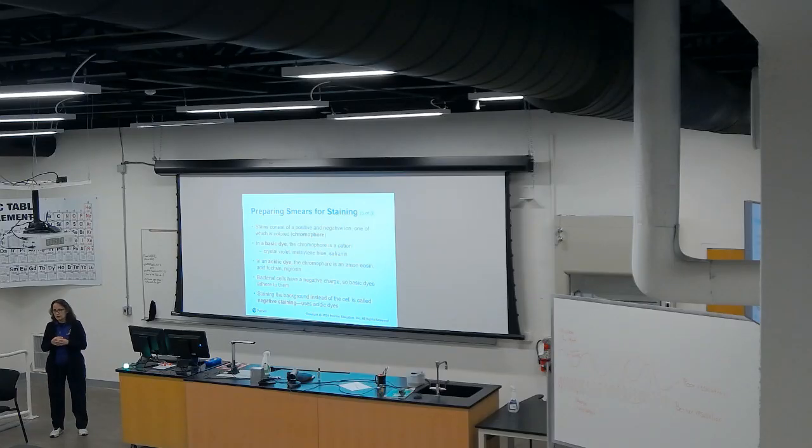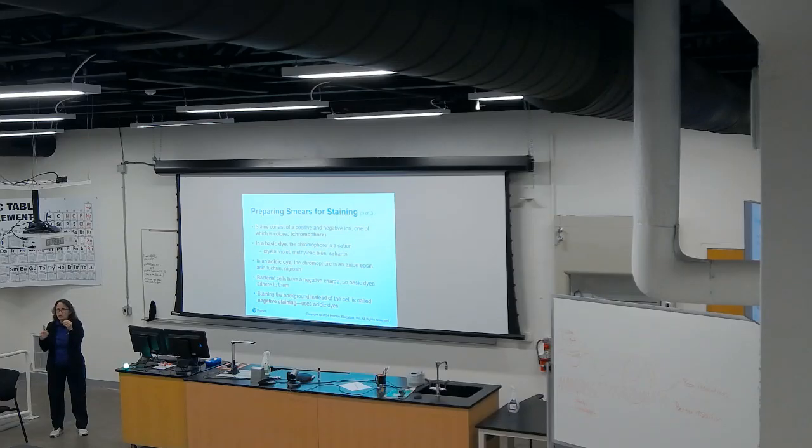If you want to stain the outside of the cells, you would use an acidic or a negative charged chromophore or dye. If you want to stain the inside of the cells, you will use a basic dye, which has positive charges. The reason for this is because the cytoplasm of bacterial cells, just like our excitable cells, inside they have a negative charge.